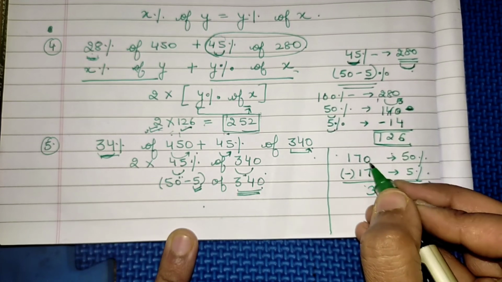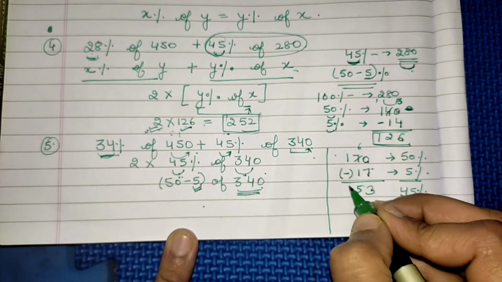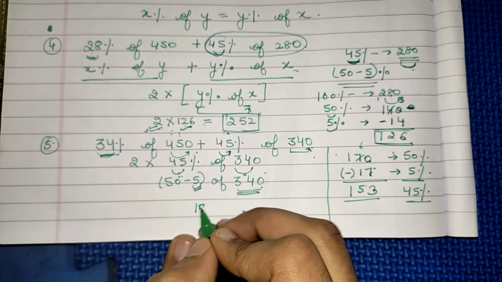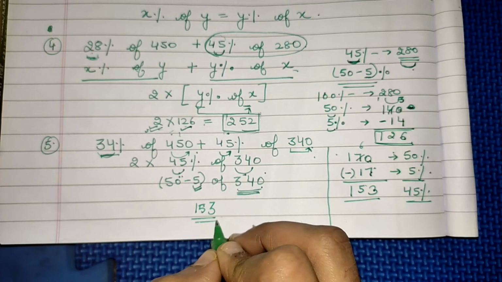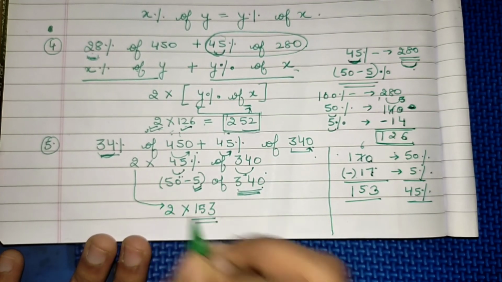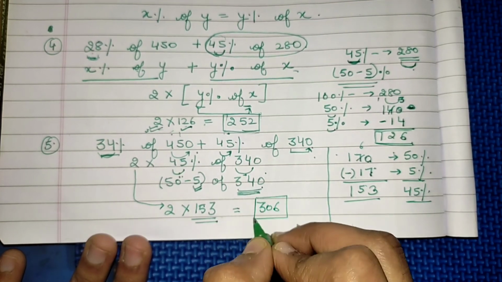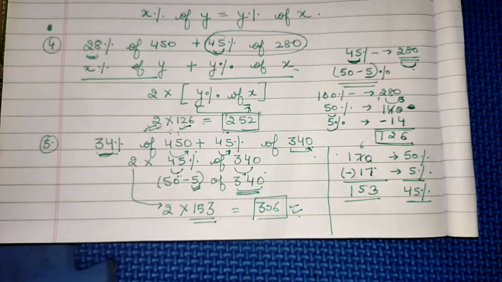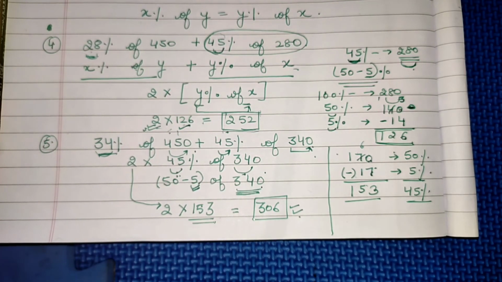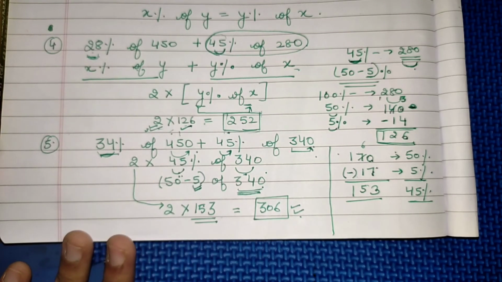So how to subtract it? 10 minus 7 will be 3, 7 minus 1 is 6, 6 minus 1 will be 5, and you will get the answer as 153. Not 153 is your answer, because we have to multiply it by 2 also. So you will get your answer as 306.